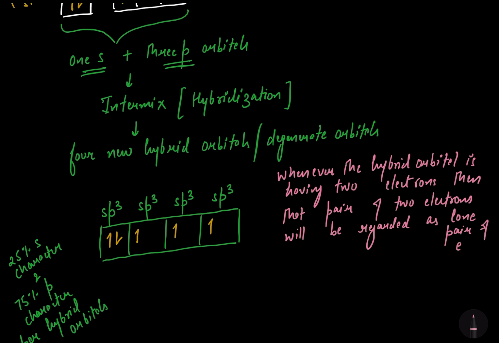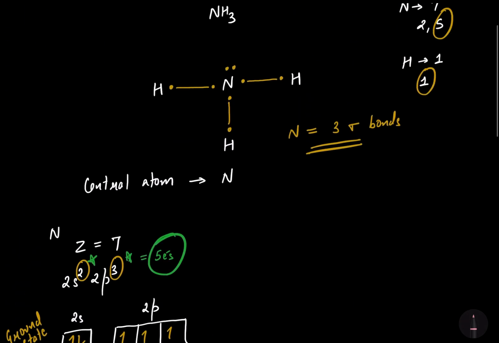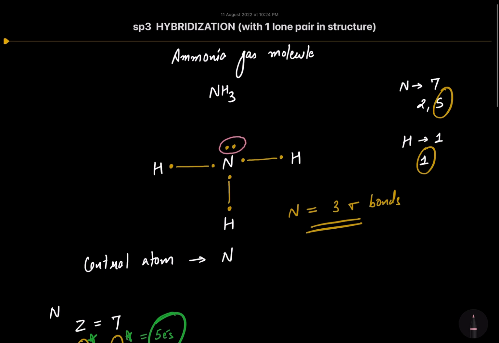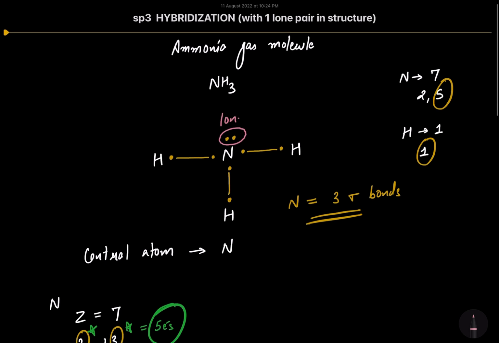Lone pair of electrons, it's a very important point. So that means the 2 electrons in first sp3 hybrid orbital will be taken as the lone pair of electrons. Let's come back to the Lewis structure. Here the lone pair of electron on nitrogen atom is this one. So that's the lone pair of electrons.